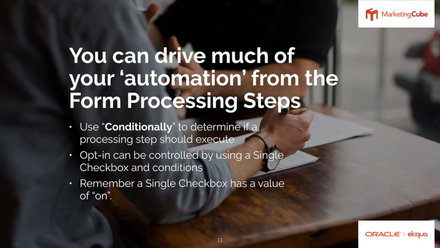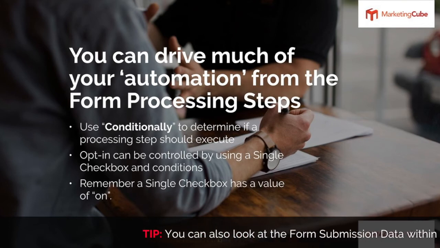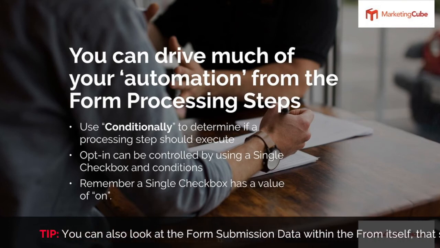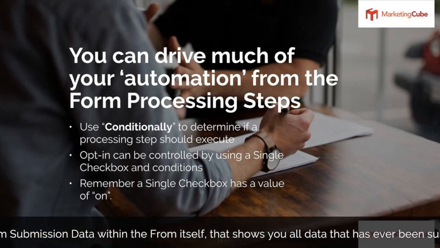If you want to look at form submission data in the specific context of a campaign, then you would go through Insight looking at it from a campaign point of view. If you want to have a look at the form data all over, regardless of which campaign the form was included in, then you would go into Insight looking at the form information, and then you would drill through that way.